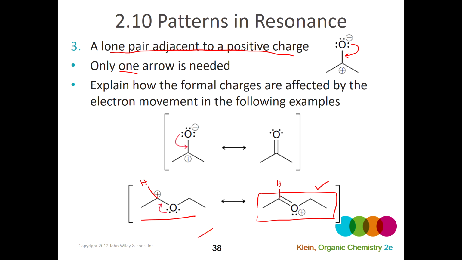If I wanted to draw the average or hybrid there, I would have the pi electrons represented with the dotted line, and I would have a little bit of a partial charge on both those atoms because they're sharing that one formal charge simultaneously in the resonance hybrid.